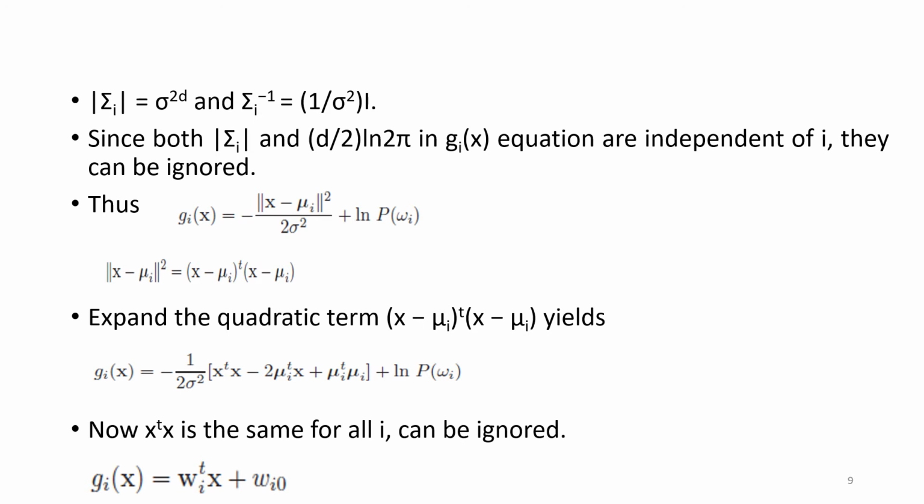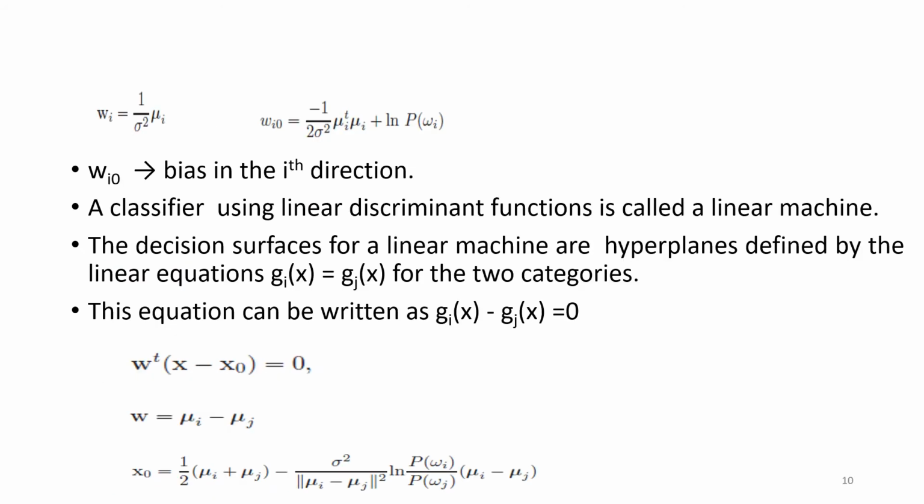Hence, we get g_i(x) equal to w_i transpose x plus w_i0. The w_i and w_i0 equations are given. w_i0 is called the bias in the ith direction. A classifier using linear discriminant functions is called a linear machine. The decision surfaces for a linear machine are hyperplanes defined by the linear equations g_i(x) equal to g_j(x) for the two categories.